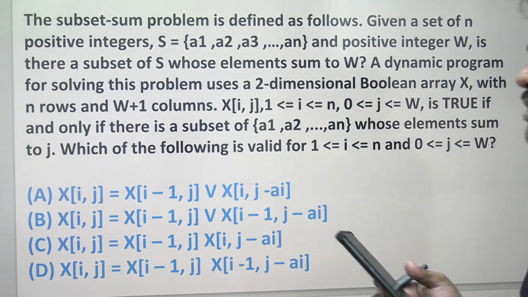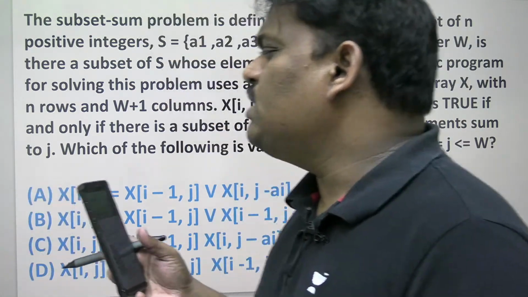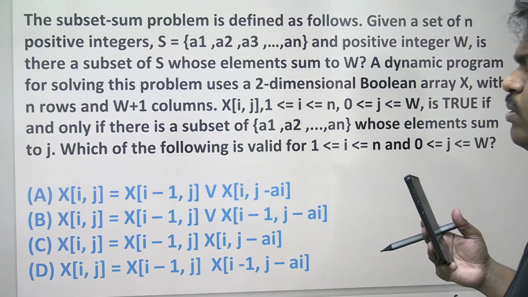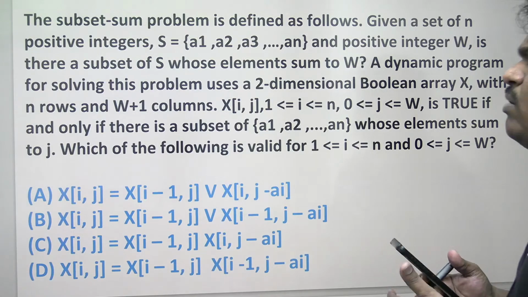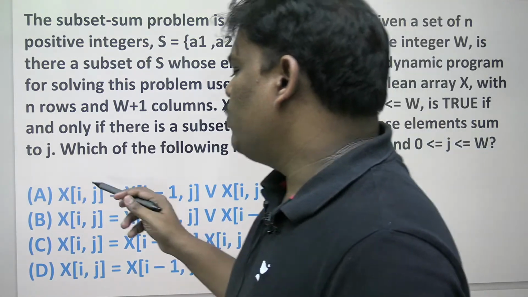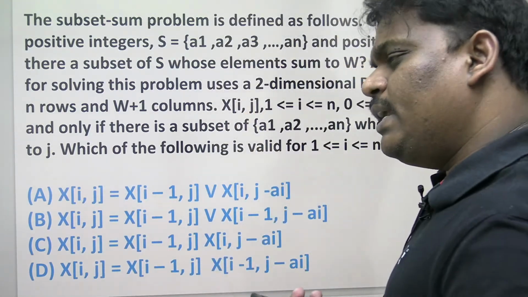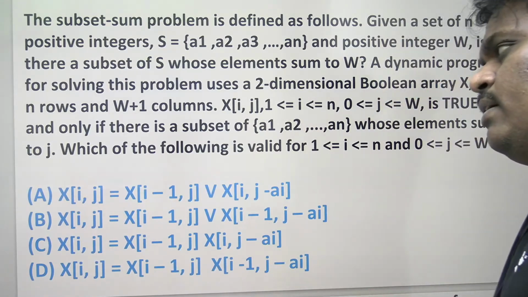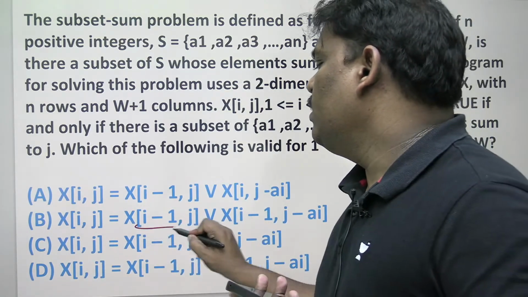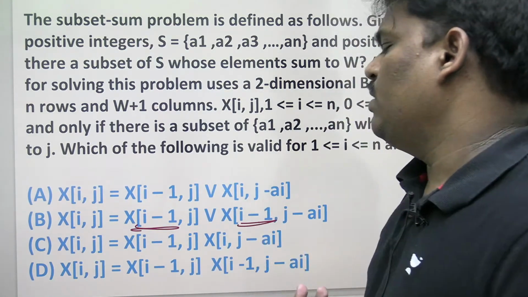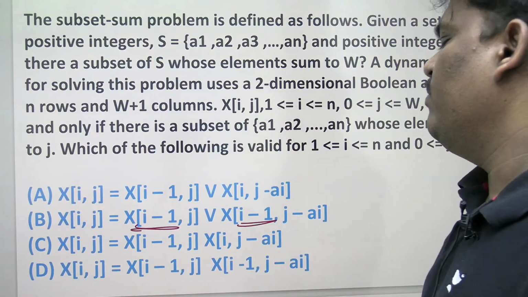I think it simply is the sum of subsets problem. No logic, nothing. It is exactly the sum of subsets problem. So X[i][j] is simply: a particular element you may take, you may not take. Two choices. Taking or not taking, both go to i minus 1, because whether you take or not, that element will be over.